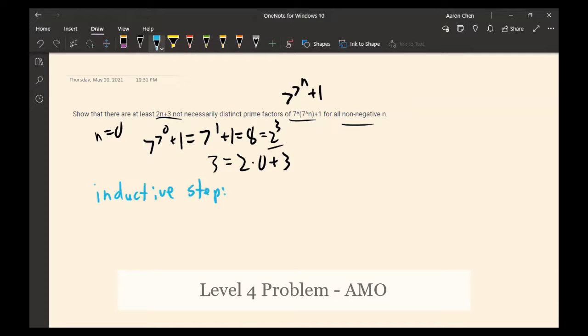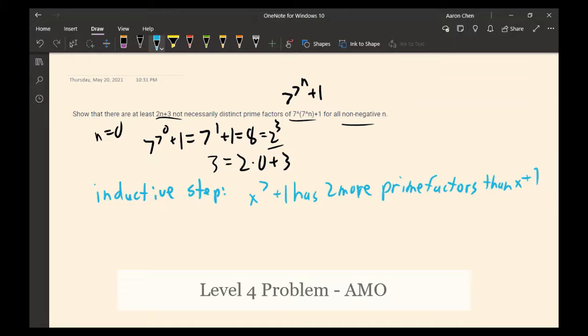And so for the inductive step, it's basically just showing that x to the 7th plus 1 has 2 more prime factors than x plus 1.